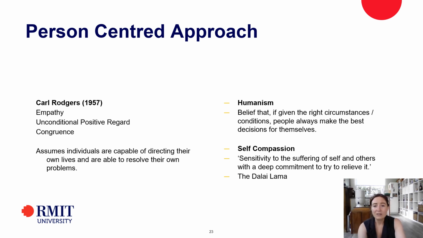Rather, let's look at the circumstances that surround them, and as an AOD worker, let's do everything we can to improve the conditions around them and create conditions that are optimal for them being able to make great, clear choices for themselves.